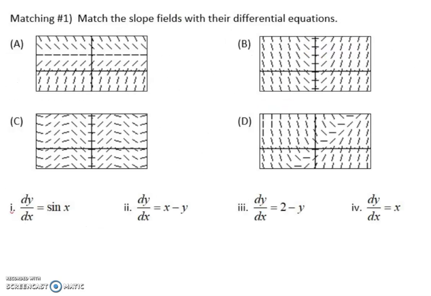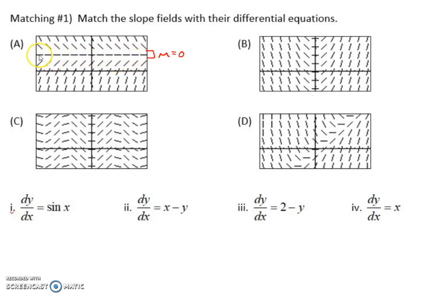The next section, I put a couple of matching in here to show you some nuance. What I want you to notice here is that we've got slope fields that have the same slope for entire rows or columns, and I want you to see why that is. So look at A. Do you see how this has a slope of 0 for that entire row?